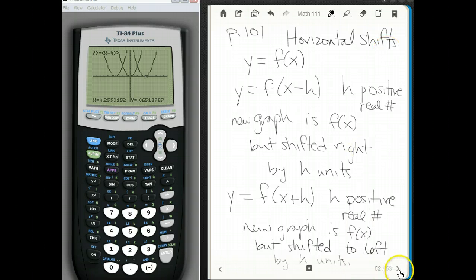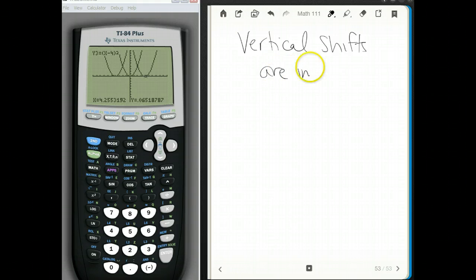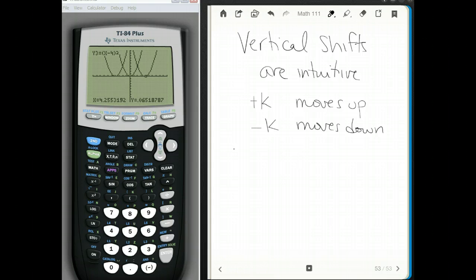An easy way to make the distinction between the two is that vertical shifts are intuitive. When you add a number, you move up. Plus k moves up. Minus k, you move the graph down. An alternative to that are these horizontal shifts.